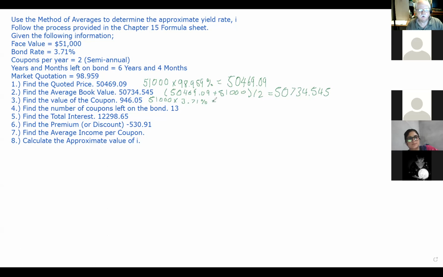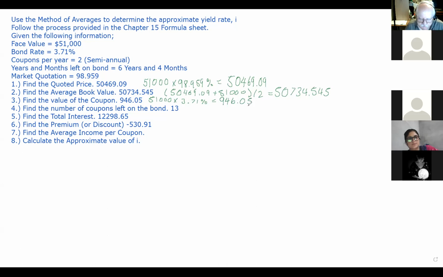Value of the coupon. Oh, it's semi-annual. That'll make a difference. 3.71% divided by 2 times 51000. And now I'm getting the right answer. 946.05.